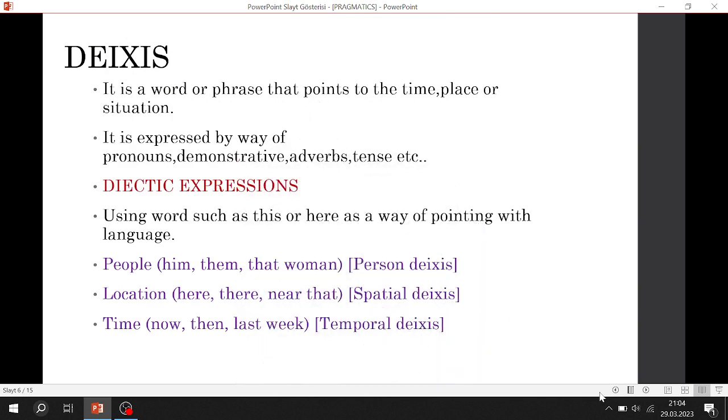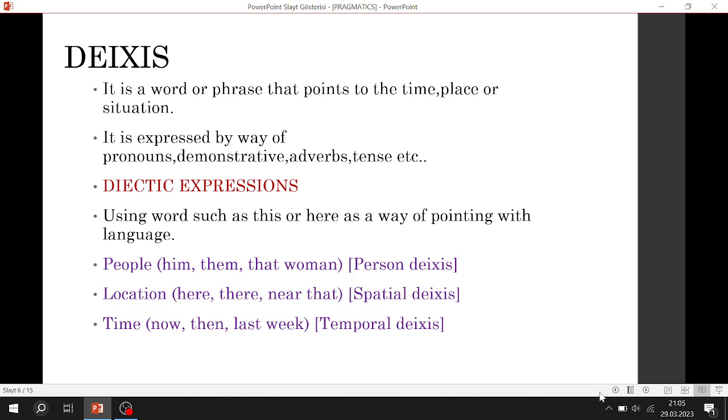Deixis, it's a word or phrase that points to the time, place, or situation. It's expressed by way of pronouns, demonstratives, adverbs, tense, etc. Deictic expressions use words such as this or here as a way of pointing with language.